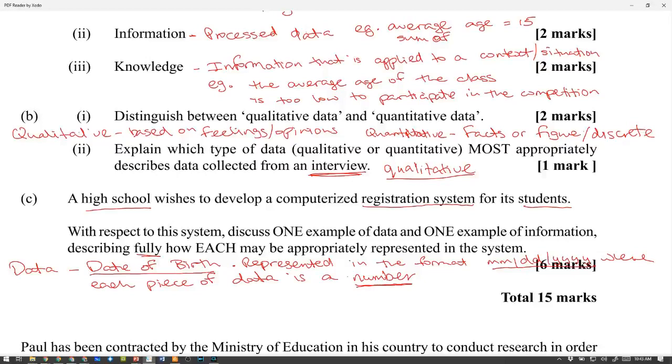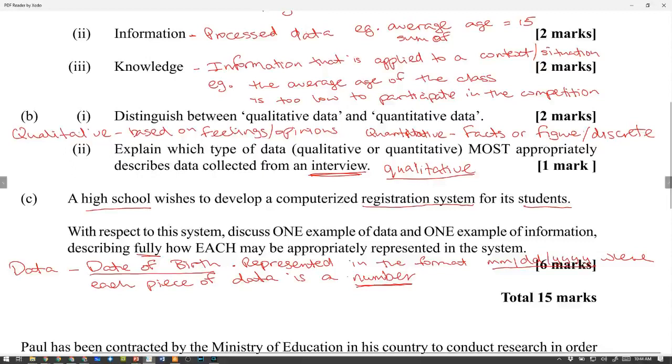Right. But did you see what type of data it is? That will be a number. All right. So you'll get 2 marks because you have to show that it is a number, or else they might end up being able to write their age as like 17 and spell 17, and that would be a problem for the database. So you have to make sure that you clearly show that it will be represented as a number.